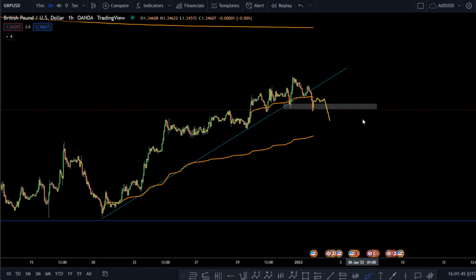So I know that this is a lot of information at once, but this is what trading is about. You need to process a lot of information and know what's happening on multiple time frames, because a lot is happening, right? There's a lot of data.